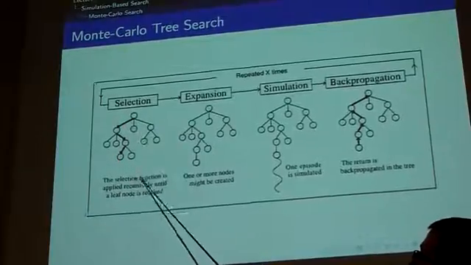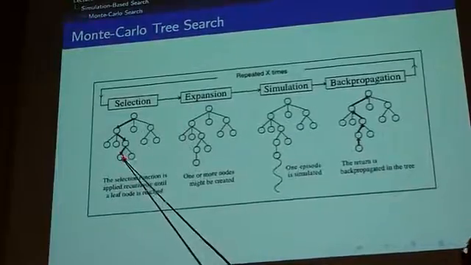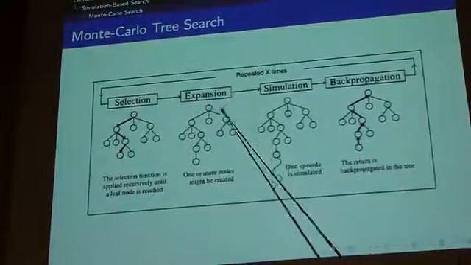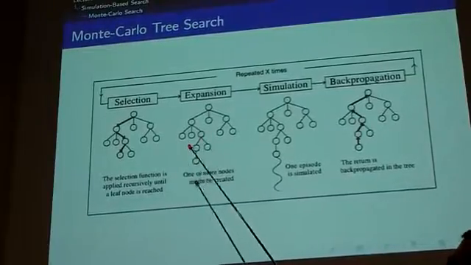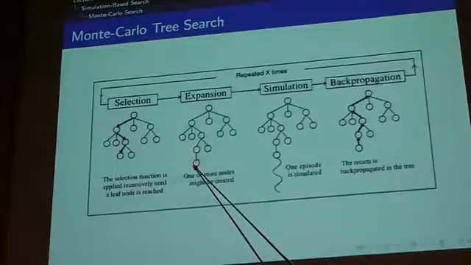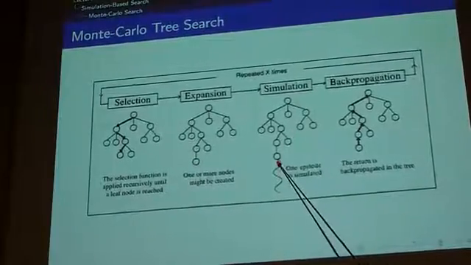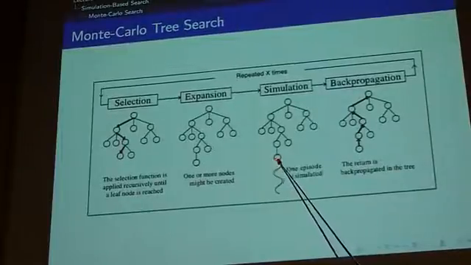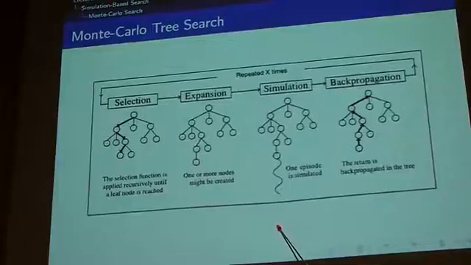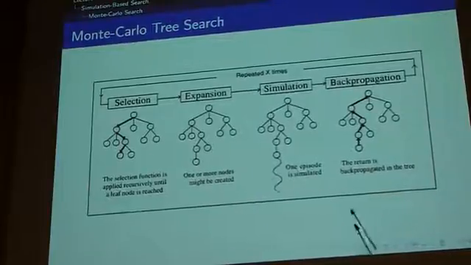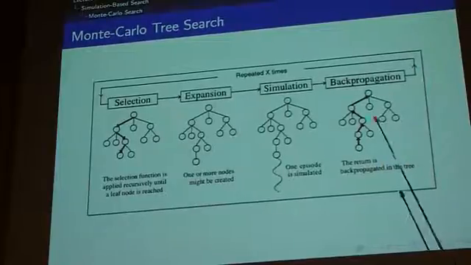So we explore this part more deeply until eventually we reach some leaf node. Then what we do is expand that leaf node. We add a new node into the representation to represent this new part of the state space that we haven't seen before. We run some rollout to complete the simulation. We use our rollout policy to complete this by just behaving in some random way until we get to the end of our termination, or our horizon at which we stop.